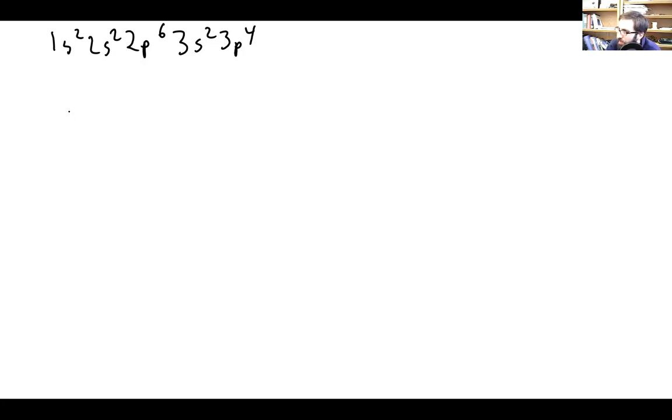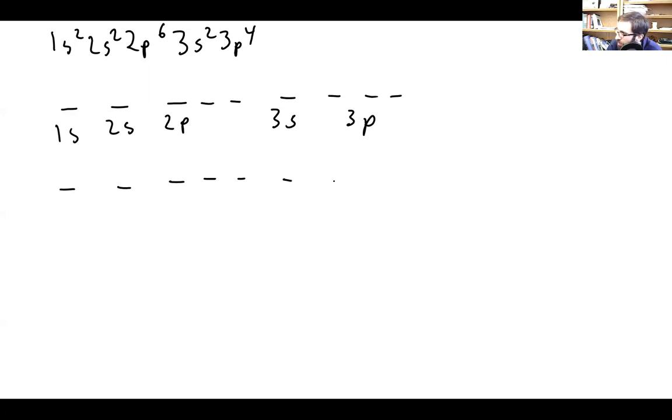And so let's draw that out. What that would look like would be 1s, 2s, 2p. Now there are 3p orbitals, 3 different orientations, 3s, and then we have the 3p's. And I wanted to give you some different possible orientations here.